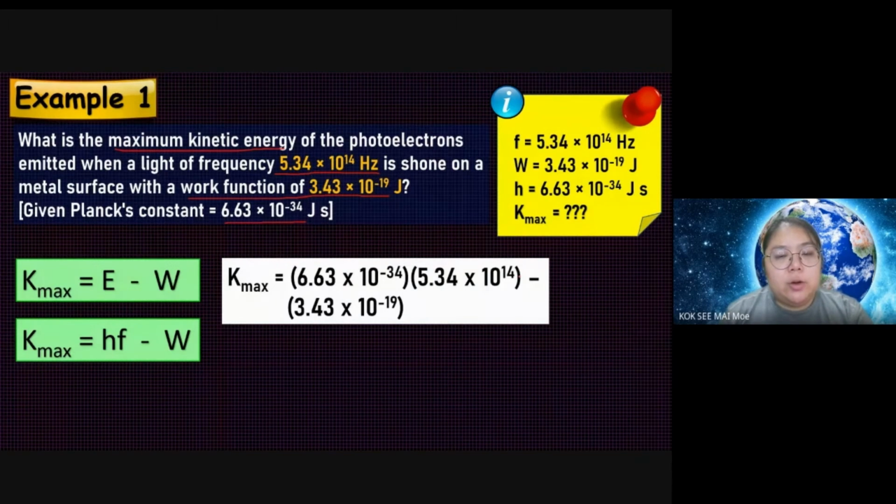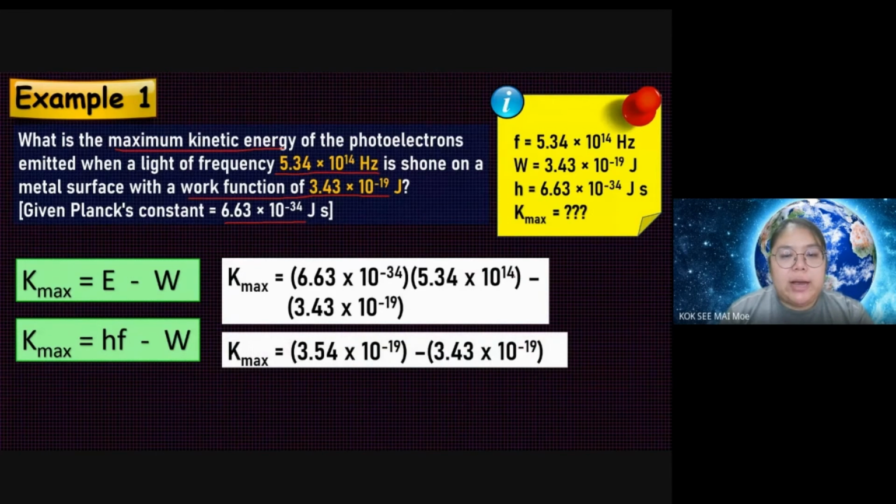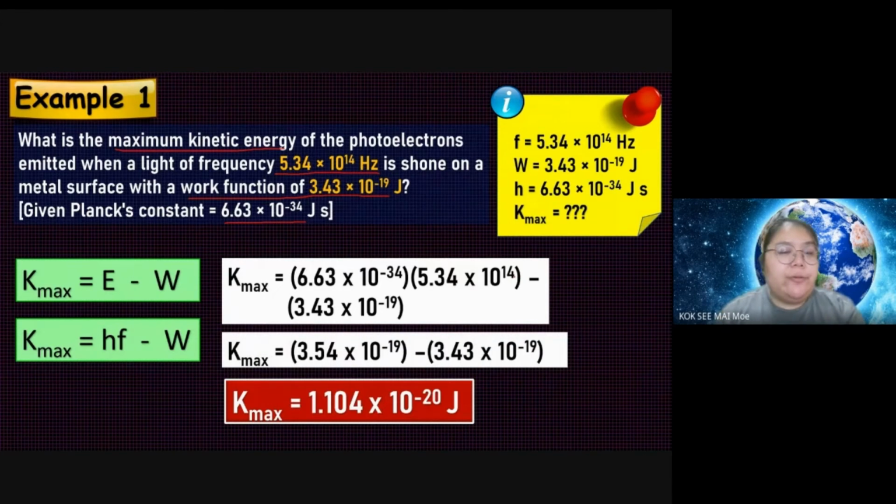Don't go straight to minus. Put equal first. After that, take your answer, go minus W. Okay, so the final answer is 1.104 times 10 to the negative 20. Remember the unit is joule.